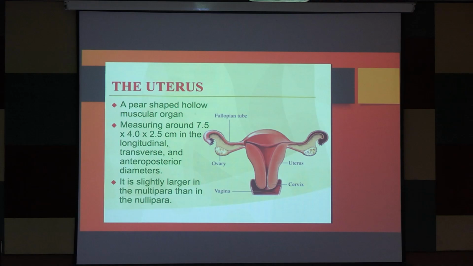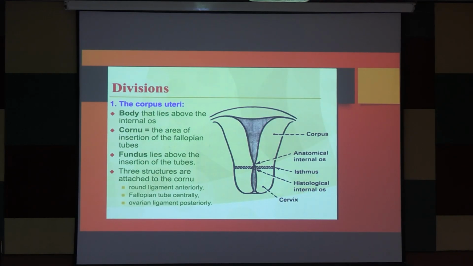Next come the divisions. That is very important. Divisions, you know, this is the whole uterus, and see, the middle portion is constricted. That is called the isthmus. Very, very important in pregnancy, because this isthmus is about 0.5 centimeter.